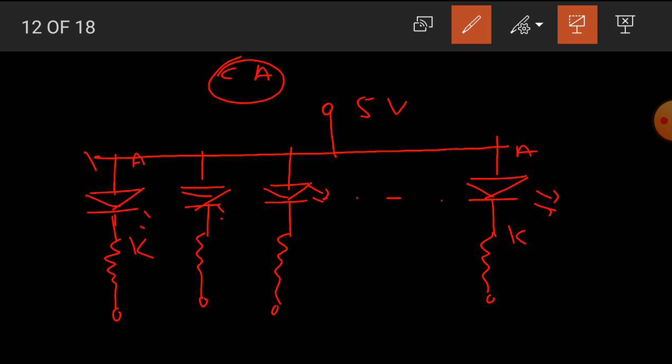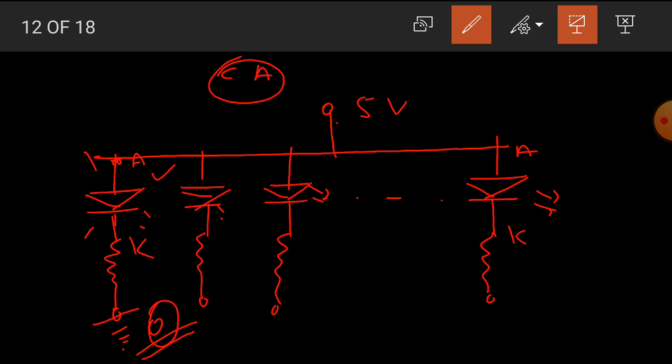For example, if we want to glow this LED, the plus 5 volt is already given to this. To glow this LED, we have to connect this pin to the ground, or we have to provide 0 to this pin. This LED is activated or glows by providing 0, hence it is known as the active low type of display.